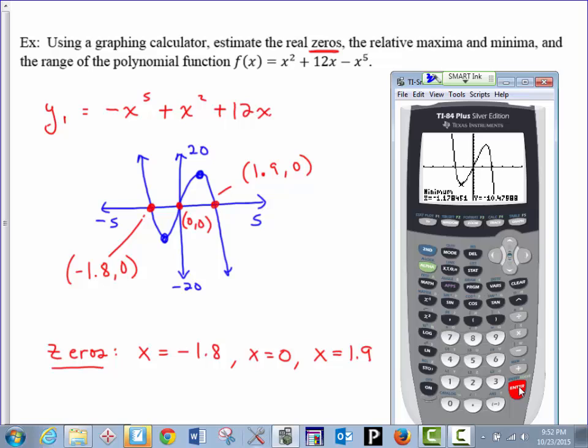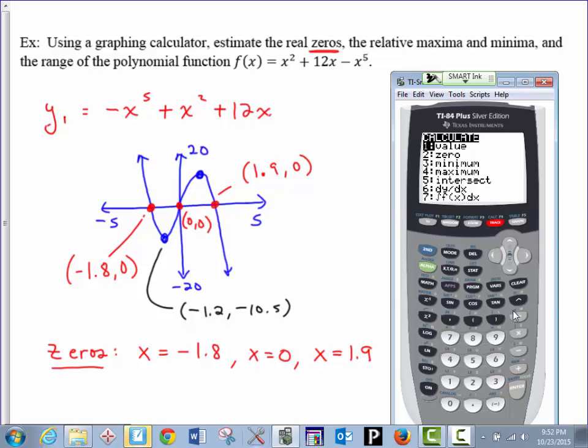Okay, at that particular point, let me pull it out so we can see it a little better, if we round to the nearest tenth, it would be negative 1.2, comma, negative 10.5. And then go through and find the maximum here. So second, trace, maximum, press enter.